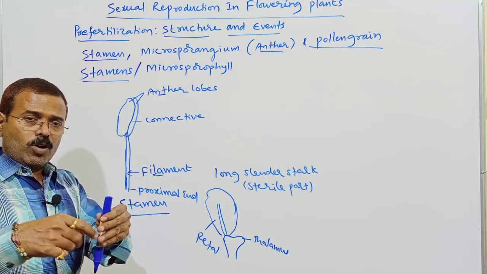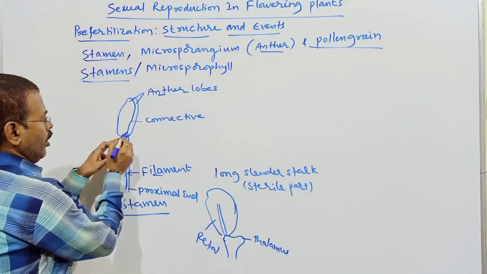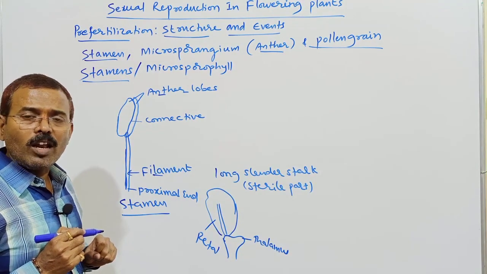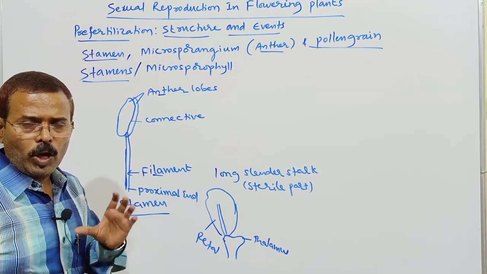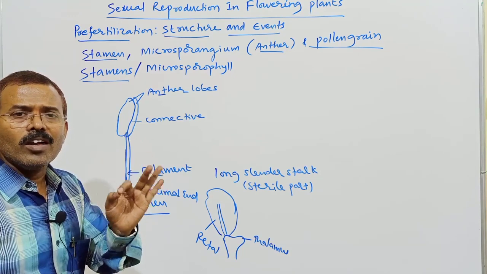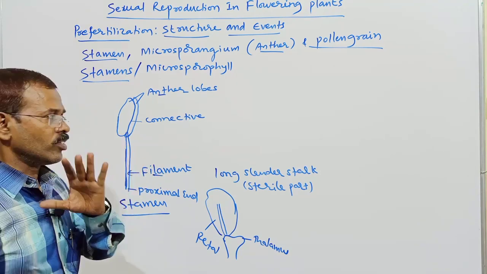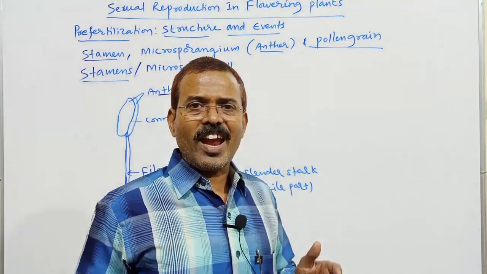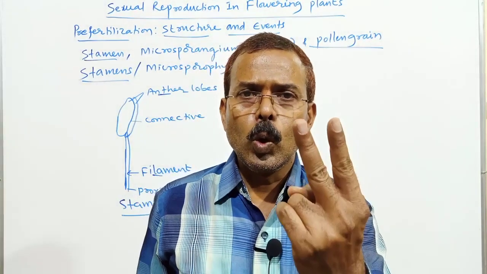At the tip of that filament, it has a knob-like terminal fertile part or structure, that we call the anther.